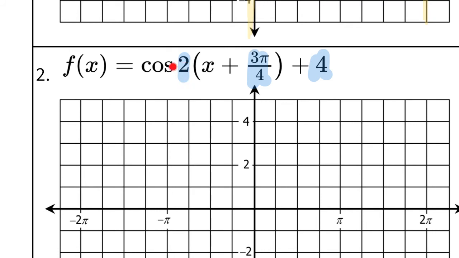So it's not at the very front. The very front would have been A. This is kind of after the cosine, but it's in front of the x still. So this is actually our B value. 3 pi over 4 is our C because it's inside the parentheses. And that last number 4 is D.